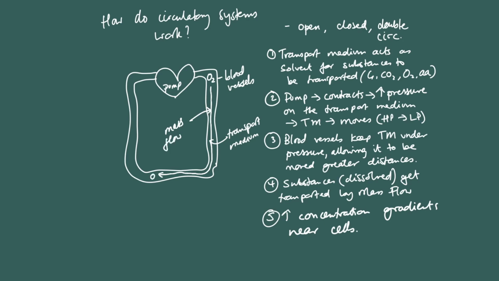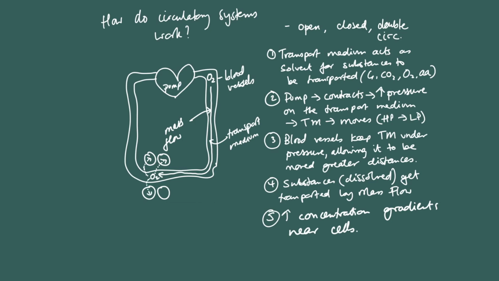But once oxygen is at this point here, and you've got cells around that need it, because we're moving the oxygen by mass flow, we're increasing the concentration of oxygen that's near these cells. And because the oxygen concentration is high there, it can then happily diffuse at a sufficient rate into these cells.